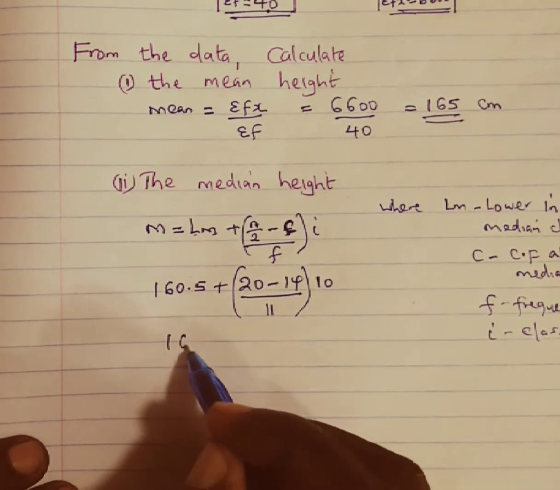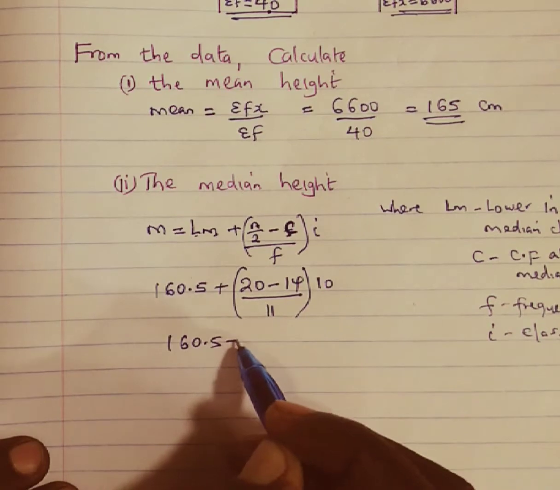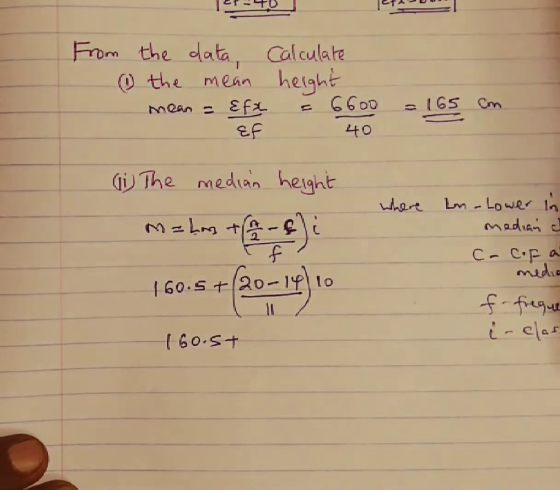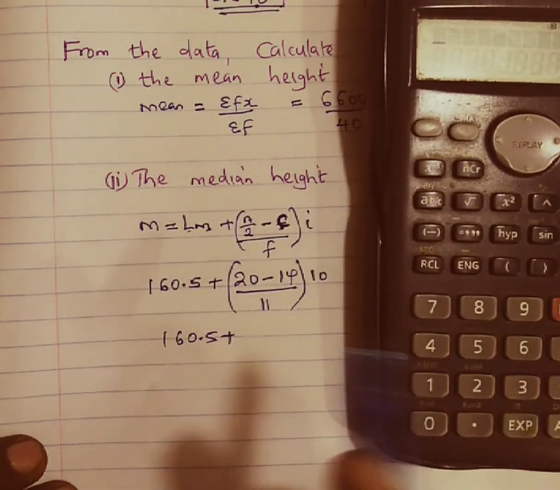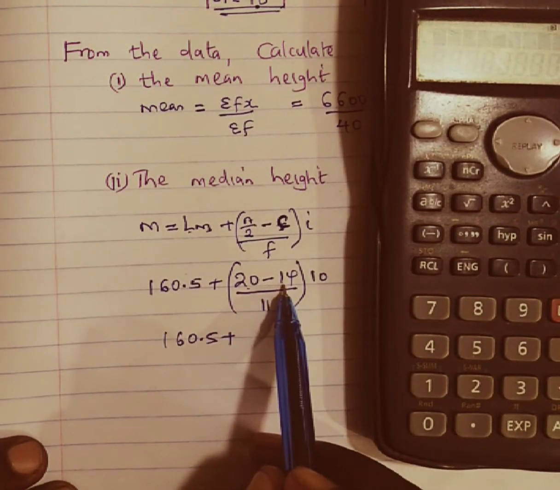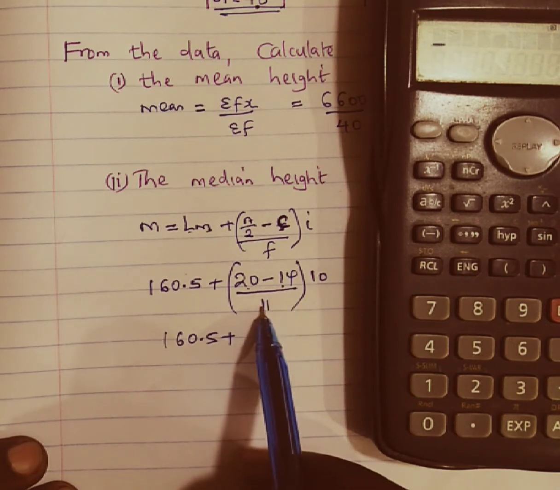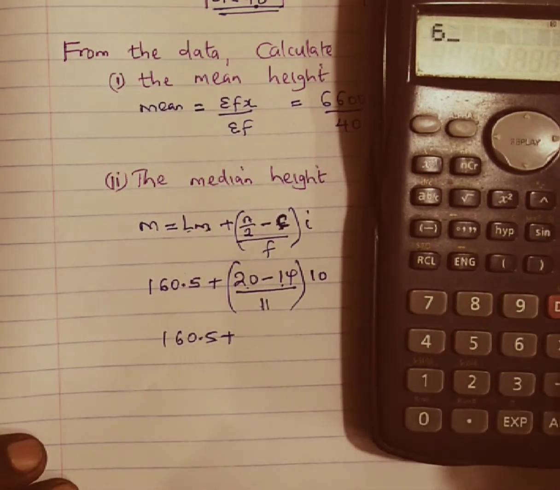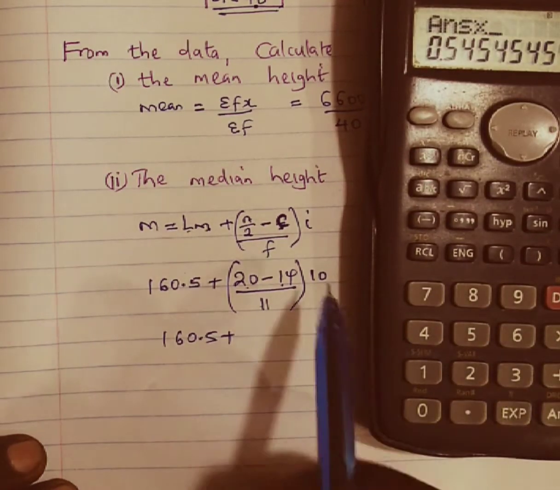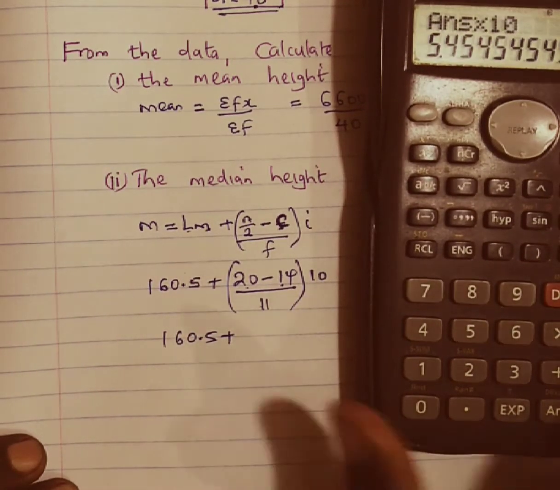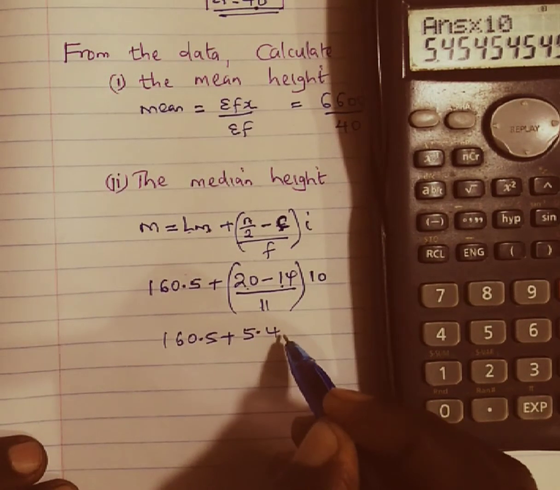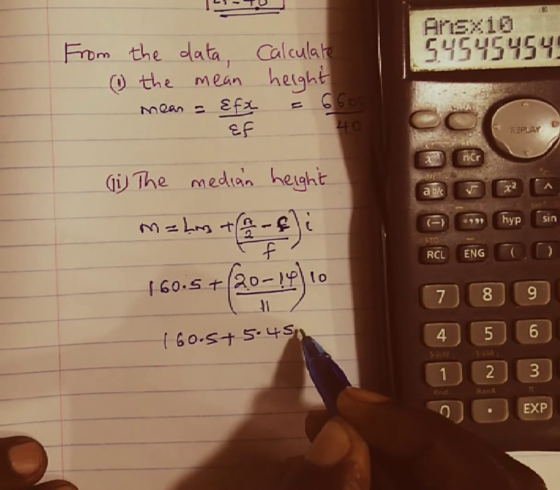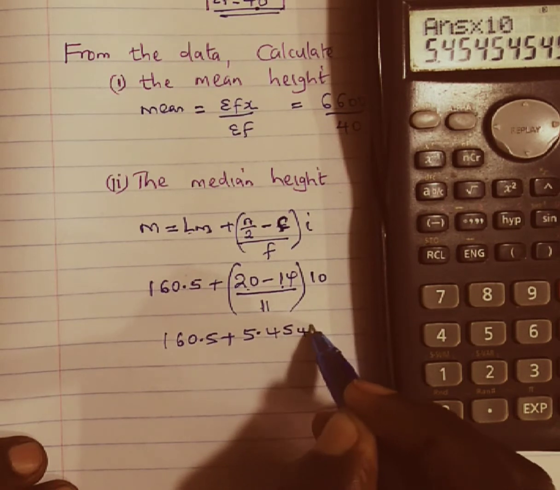So this gives us 160.5 plus 20 minus 14, which is 6. You take 6, you divide by 11, you multiply by 10, and this gives us 5.4545.